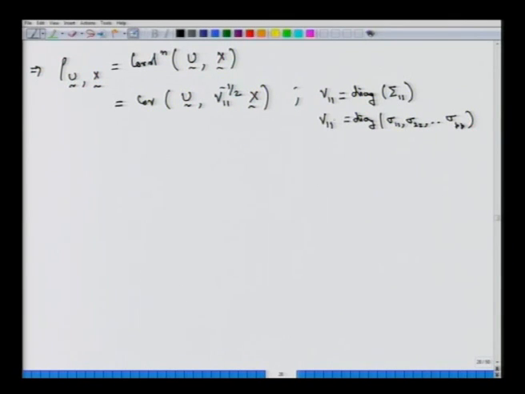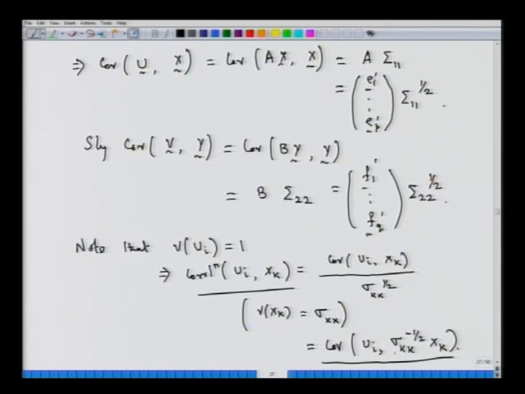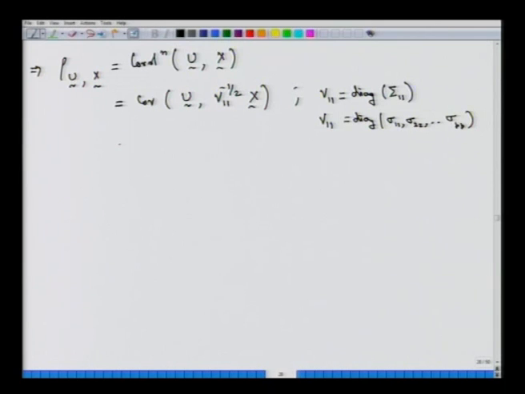So, V11 to the power minus half is basically what is serving the purpose of sigma kk to the power minus half for these two univariate random variables, and hence this can easily be computed.